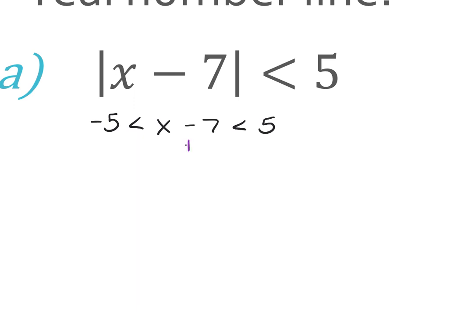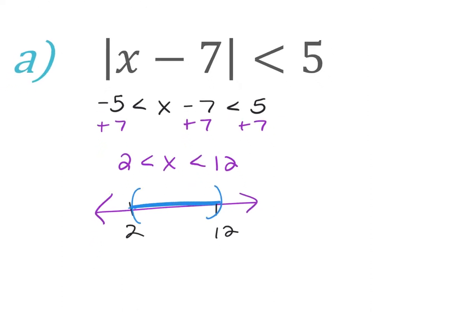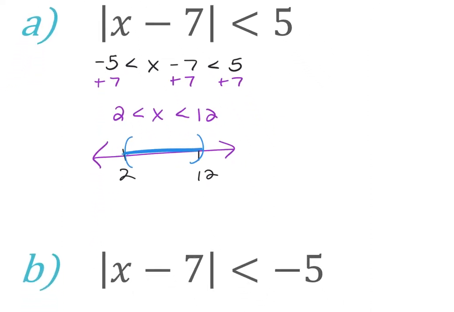And then I add 7 to both sides. 2 is less than x, which is less than 12. So this is a number line. 2, 12. Both would get the parentheses. So interval notation would be 2, 12 with parentheses on them.